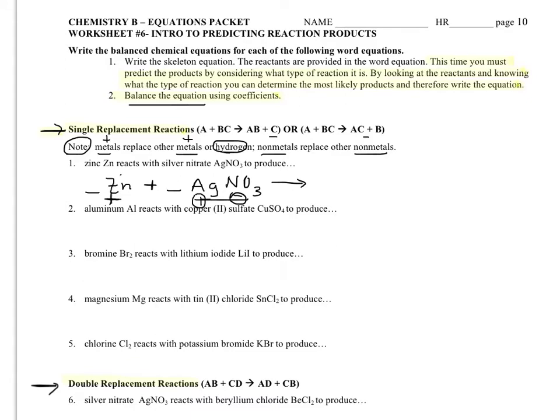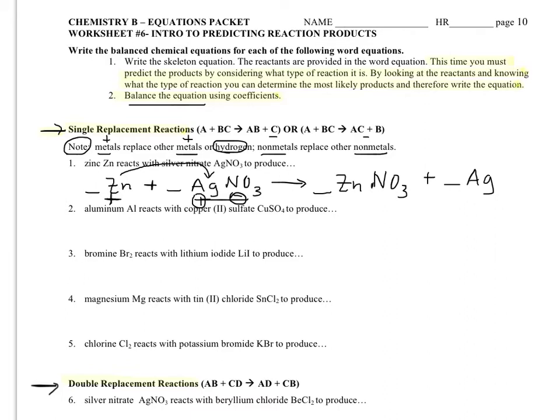So when zinc comes in to do a single replacement, it's going to come in and substitute or take the place of silver. So what we end up with as a product is zinc bonding to nitrate, and the silver getting kicked out all on its own.